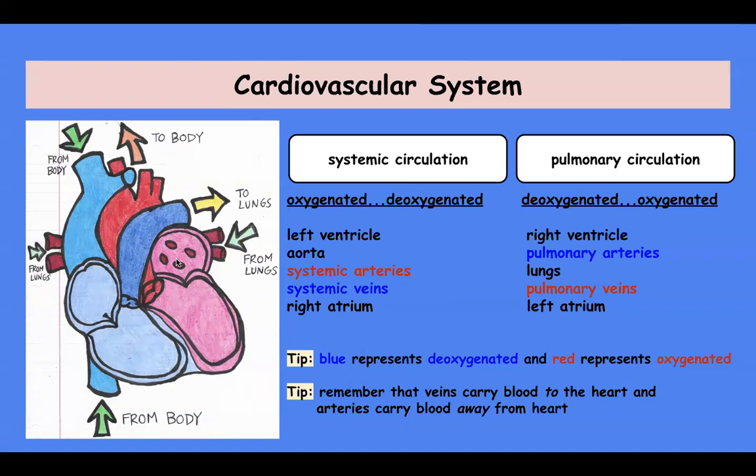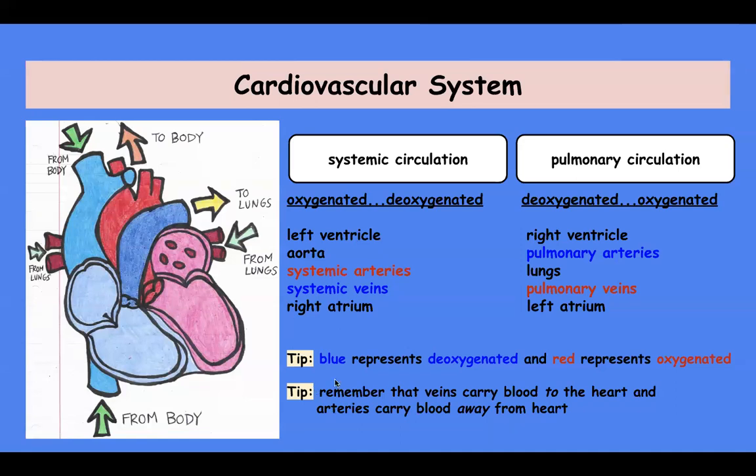So when you're studying the heart, whether you're drawing it out yourself or looking at a textbook, if you have the opportunity to color it, I highly recommend paying close attention to where in the heart and where in circulation is deoxygenated blood involved and where is oxygenated blood, and color it accordingly. And we're going to see how this fits into identifying systemic circulation versus pulmonary circulation.